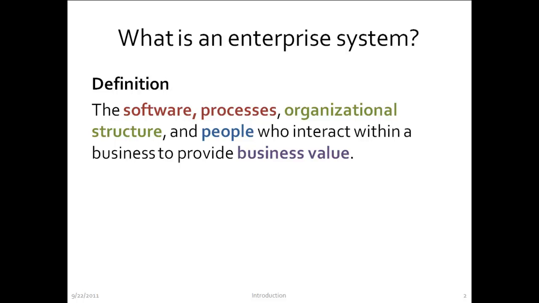In order to explain the complexity of an enterprise system, we must first expand its definition. So here's how we're going to define an enterprise system. An enterprise system is A, the software and the underlying technology, B, the business processes that the software implements or supports, C, the organizational structure, and D, the people within that organizational structure who interact within the business and the customers who interact with the business to generate business value.